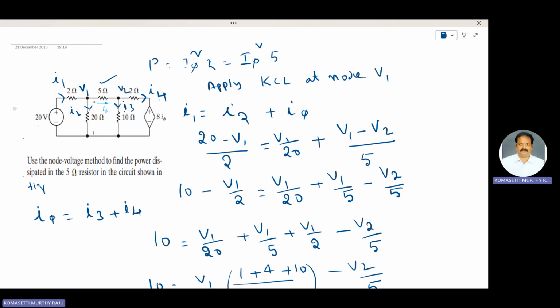I5 is equal to (V1 minus V2) by 5. I3 is equal to V2 by 10. I4 is equal to (V2 minus 8 I5) by 2.